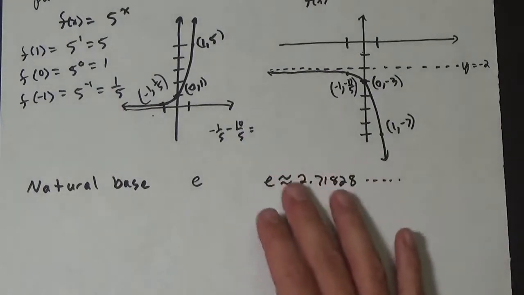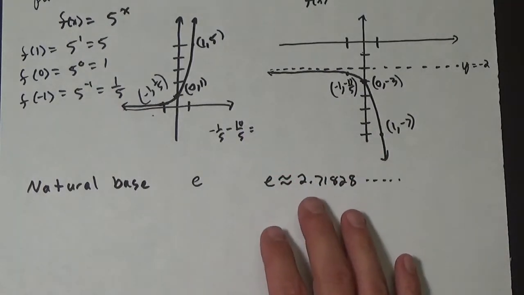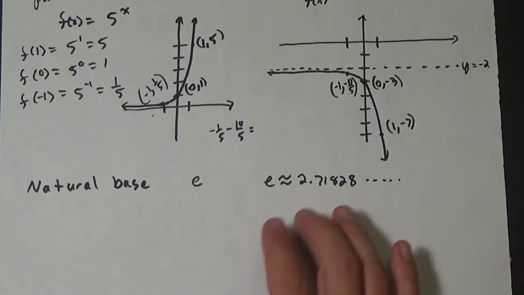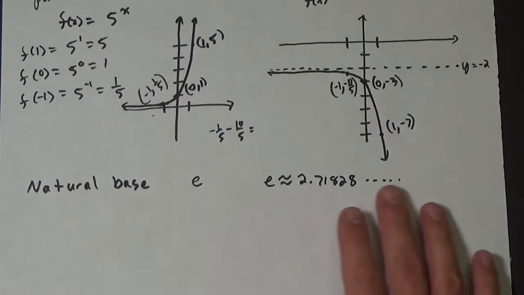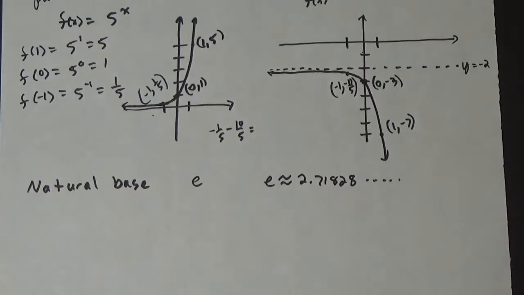Now, I'm not going to define what e is right now because it's a little complicated, but basically, this number e kept on coming up so often that scientists and mathematicians from the past said, let's give this number, which is irrational but important, a letter. And this is actually the Greek letter epsilon. It looks like an e, so we call it e nowadays. But it is a Greek letter.